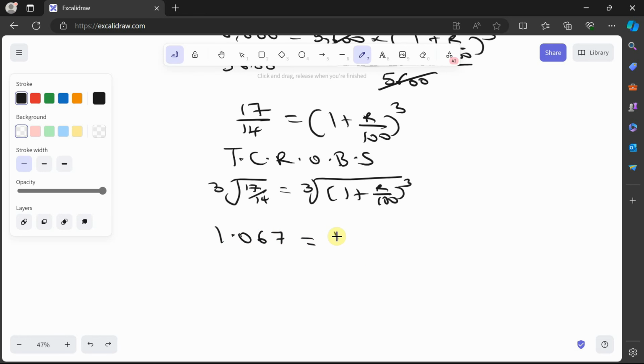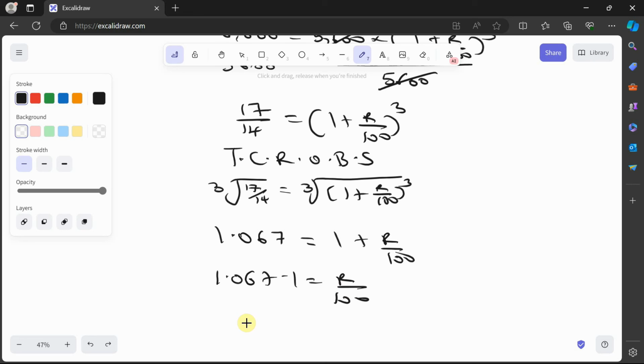So this will be equal to 1 plus R over 100, because by this time the power of 3 will have gone. So from the answer that I got on my calculator, I could subtract 1, because if I rearrange this, this will be 1.067 minus 1 is equal to R over 100. So if I subtract 1 from that and then I multiply by 100, you agree with me that I have to multiply by 100, because if I minus 1 from this, that would be 0.067 something is equal to R over 100.